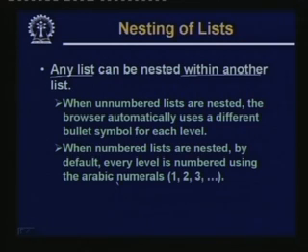So, there are two things you should note. Well, for the definition lists there are no numbers or bullets generated, so they do not create any problem. But when you are nesting unnumbered lists, there is a point to remember. When unnumbered lists are nested, the browser will automatically try to use a different bullet symbol for each level of nesting.